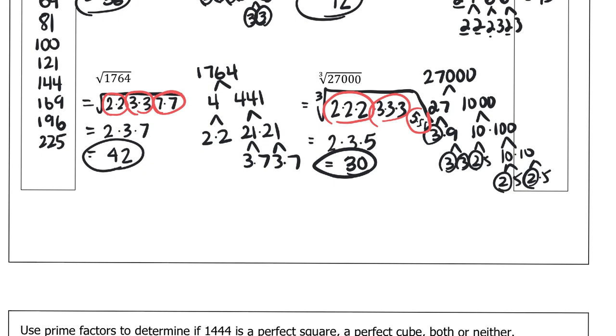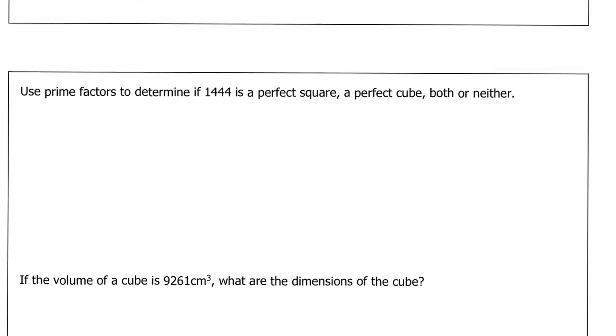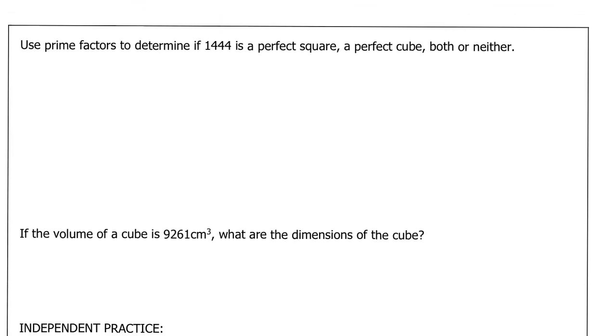Okay, so now I'm just going to do a couple more examples and then you'll be on your way. We want to use prime factors to determine if 1,444 is a perfect square, a perfect cube, both, or neither. So we're going to again start with our factor tree. I take the number 1444 and break that down. I know for sure that it's even, so I can divide it by 2.